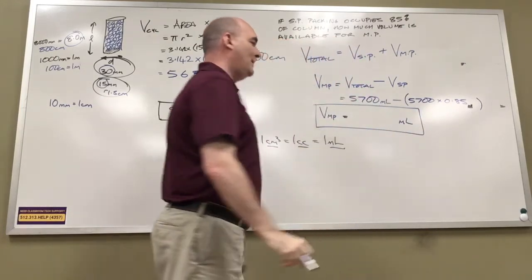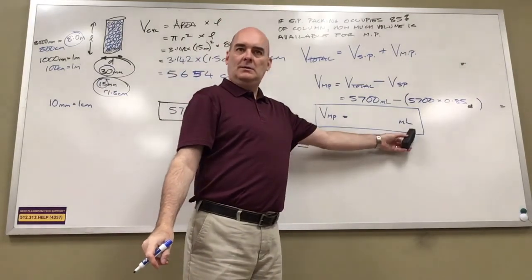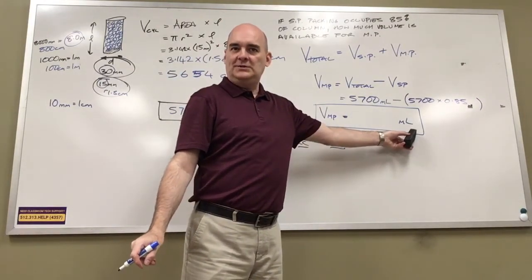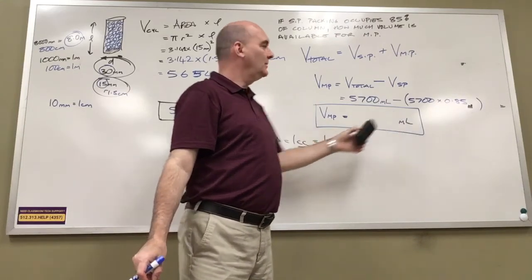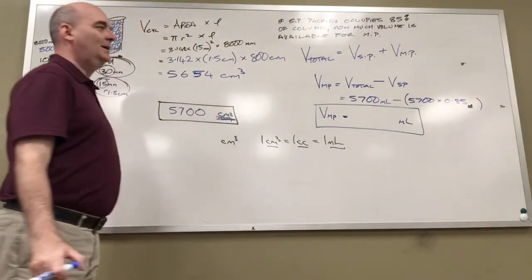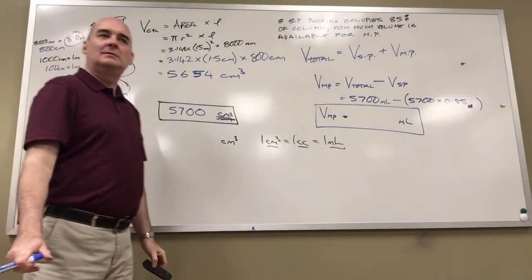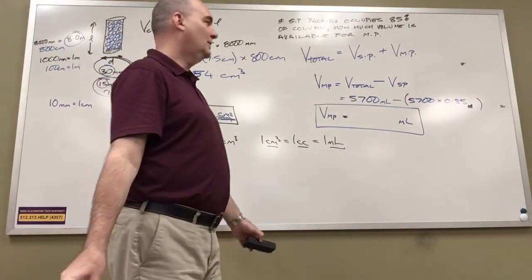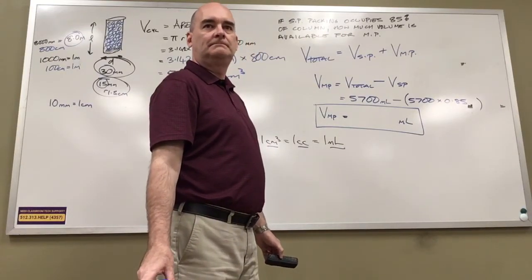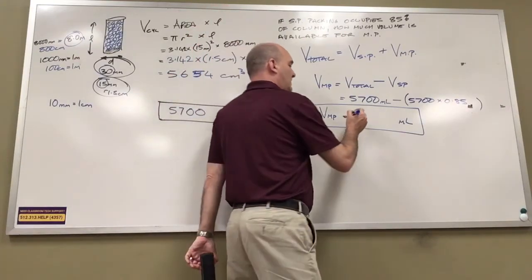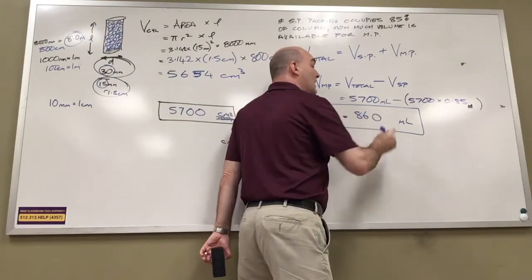And then what goes in that box, I've got to decide. What's its unit? It's going to be milliliters. We'll accept cubic centimeters. And how many significant figures does it have? Still two.